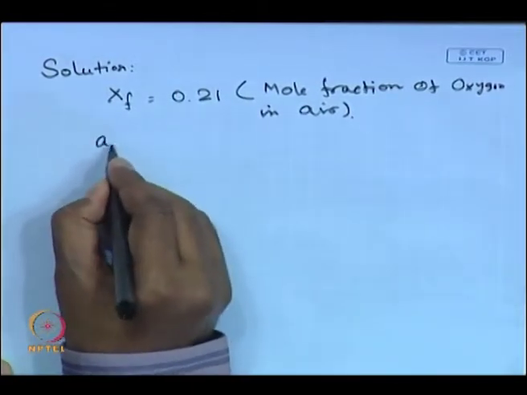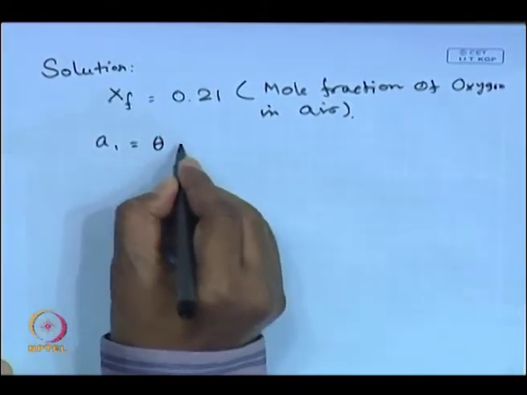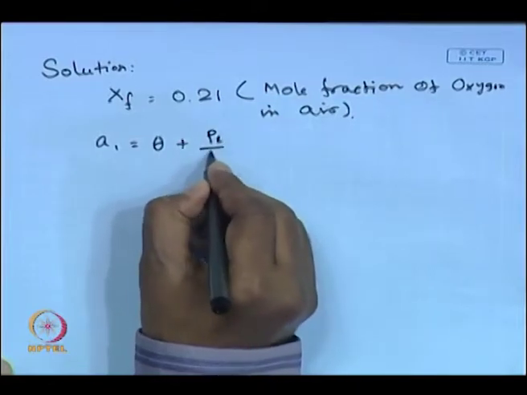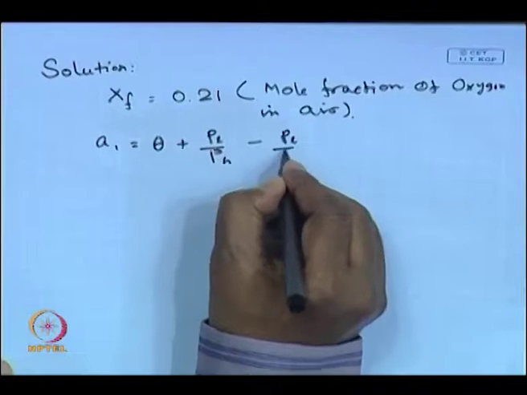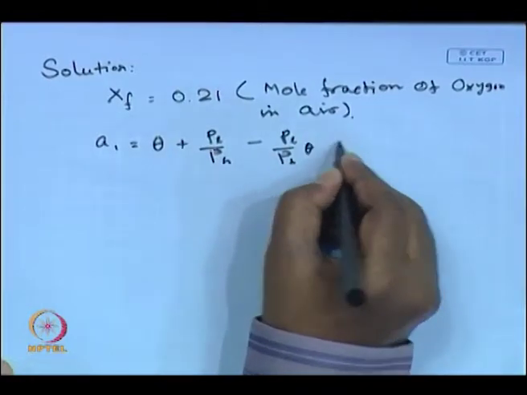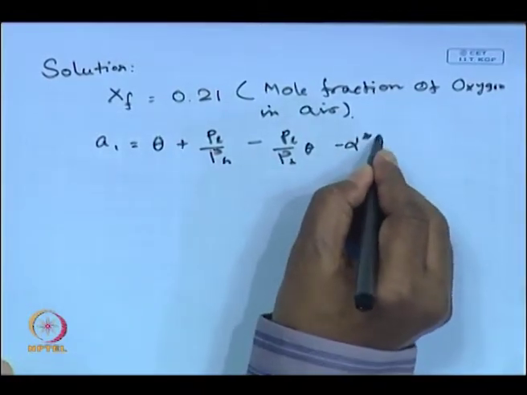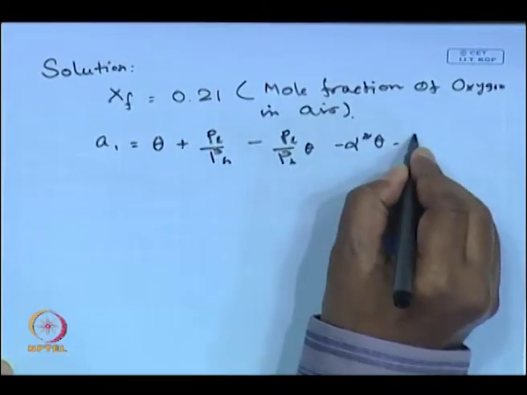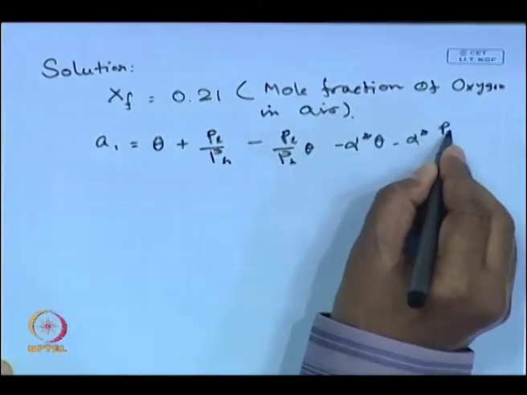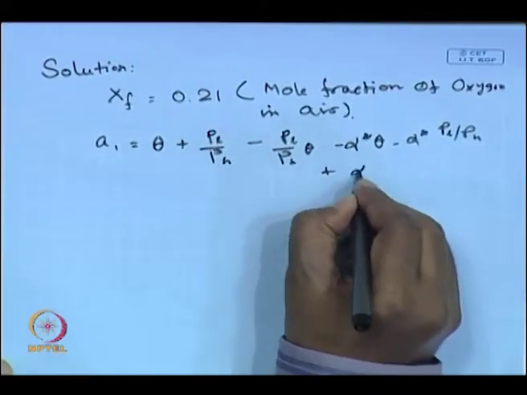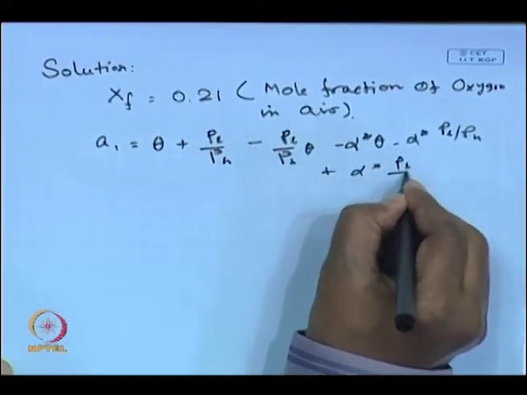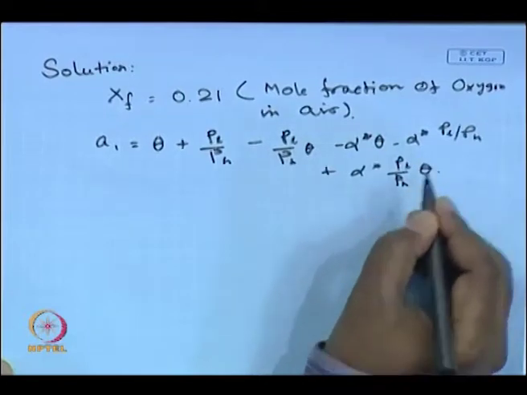So, A1 is given as theta plus PL by pH minus PL by pH times theta minus alpha star theta minus alpha star PL over PH plus alpha star PL over PH times theta.